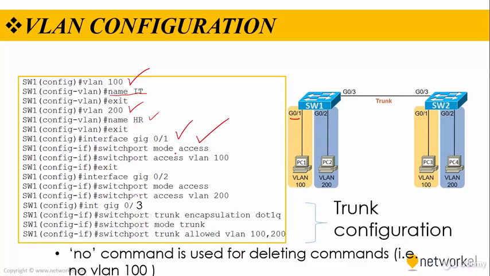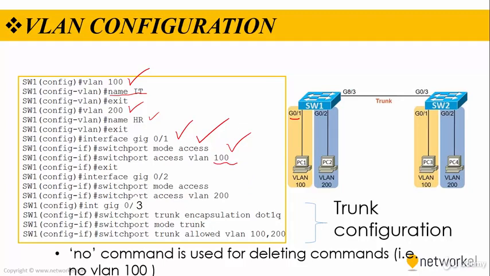we are defining it as an access port by typing switchport mode access, and we are making the VLAN configuration by typing switchport access vlan and the VLAN number.